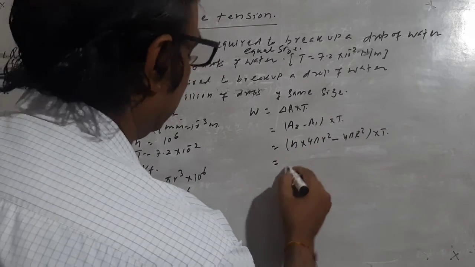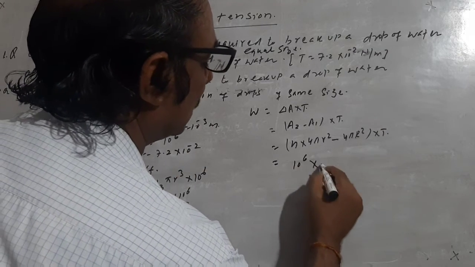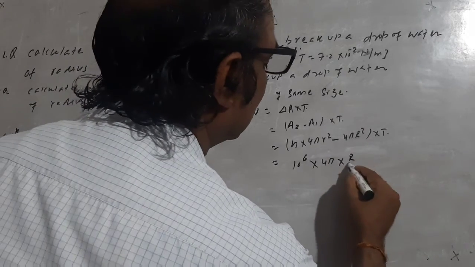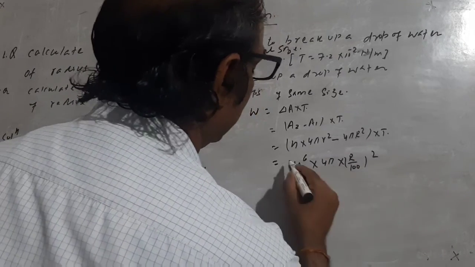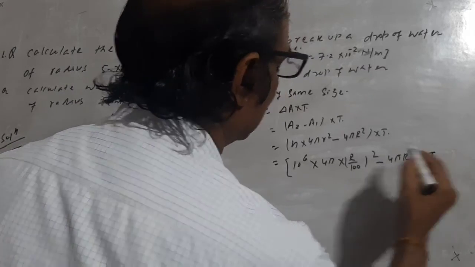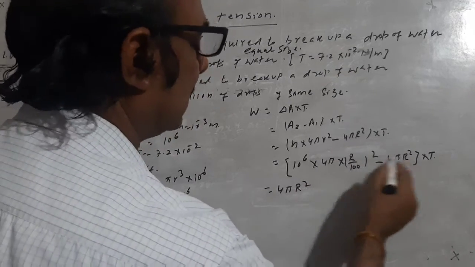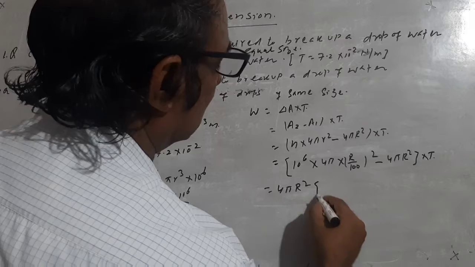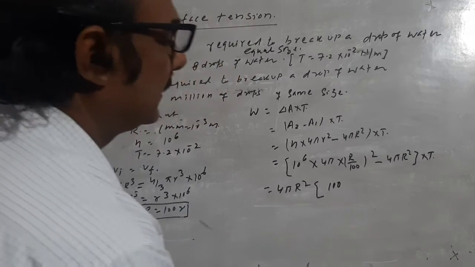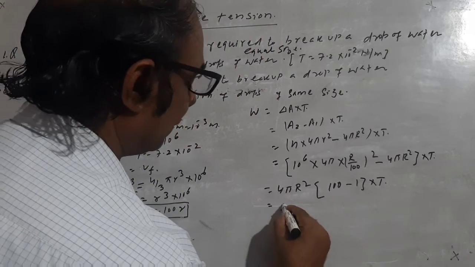Here N equal to 10 to the power 6 into 4 pi into R by 100 squared, minus 4 pi R square, into capital T. Now 4 pi R square is taken out, and here 10 to the power 6 over 10 to the power 4 gives 100, minus 1, into T.